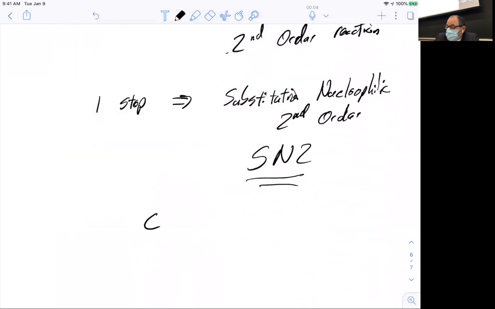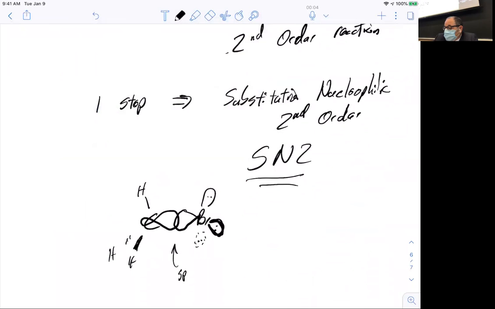So if we look at our carbon here, right, we've got our boron, our lone pairs, and this is going to be an sp3 overlap.